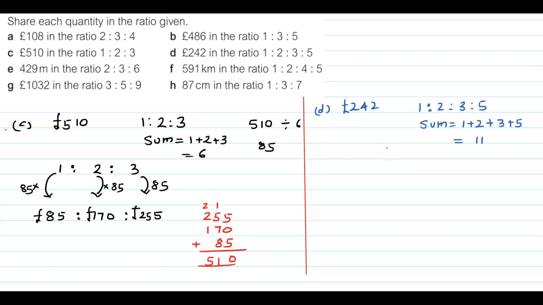I said the first step is that you do 242 divided by 11, not 11 divided by 242. Anyway, you got it right.